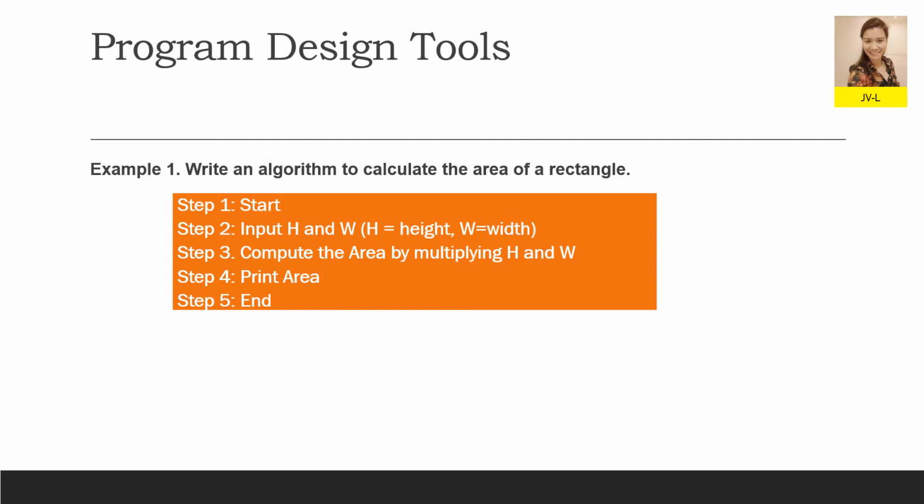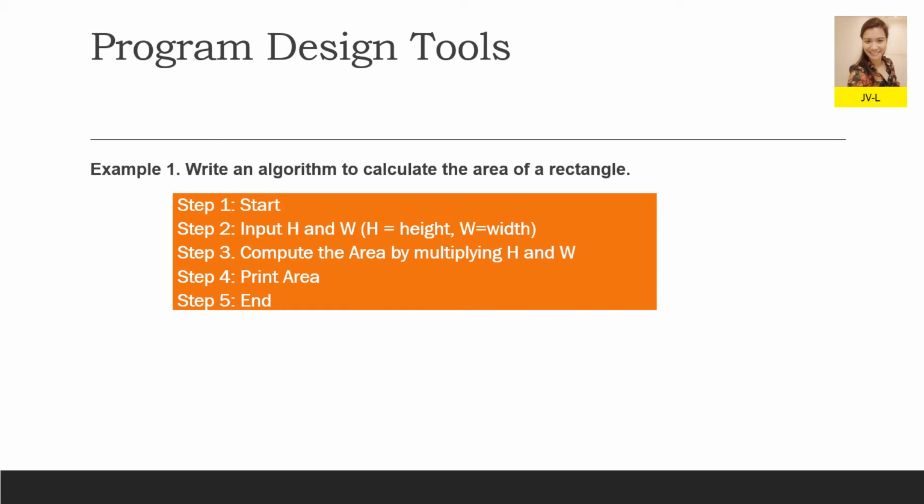Let's take a look at this example. Write an algorithm to calculate the area of a rectangle. Remember, when we're talking about an algorithm, it is a series of steps that starts with step 1, which is start, and ends with the last step that has a label of end. In this example, we have step 1, start.